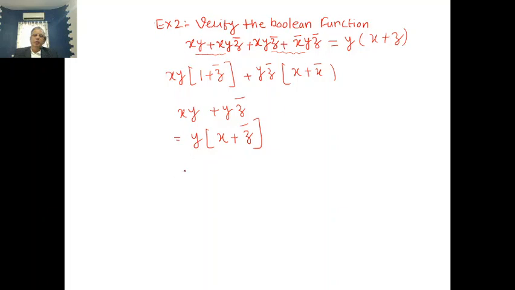And this Boolean expression for this: x, this is z, x z, OR operation is there, and this becomes x plus z bar, and ANDing with y.